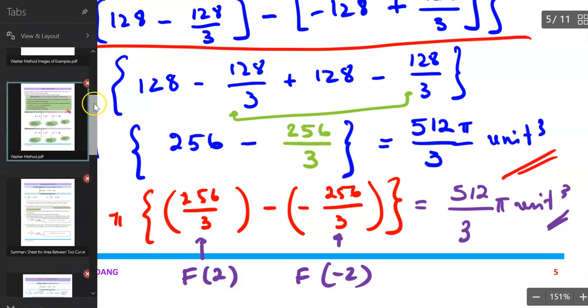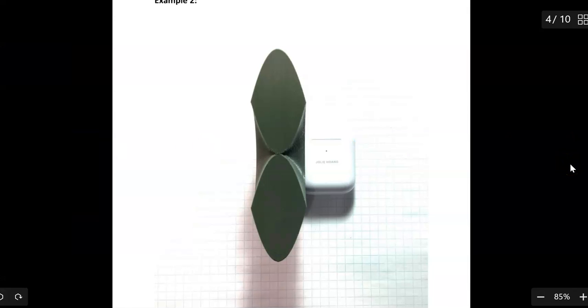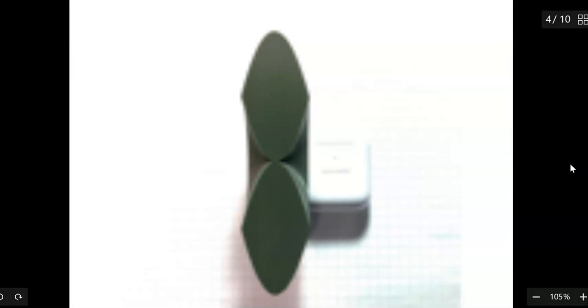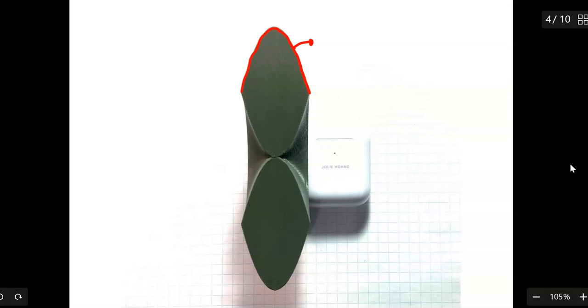All right, okay. So let's see what this shape looks like. The 3D shape for this one will look like this. I just want everyone to see that this is your upper parabola. Okay, so this is your lower one. So the upper parabola is y2, which is equal to 8 subtract x squared.